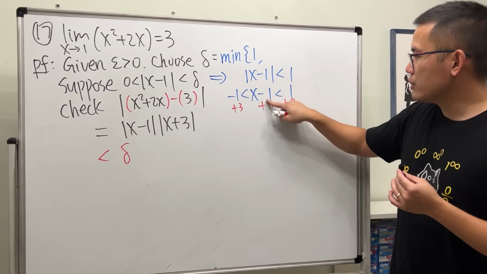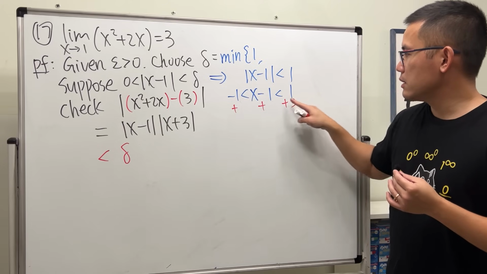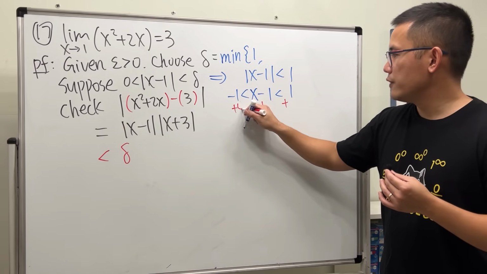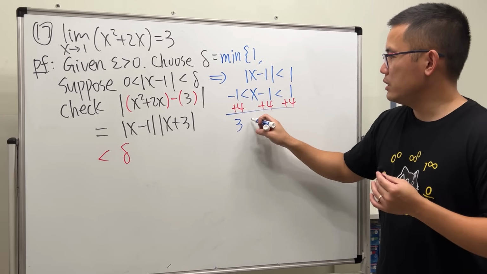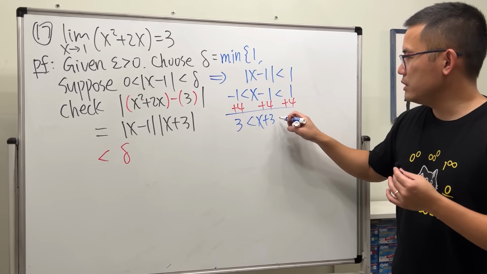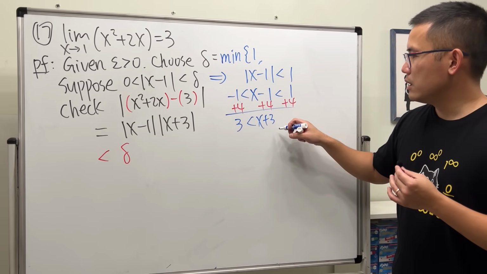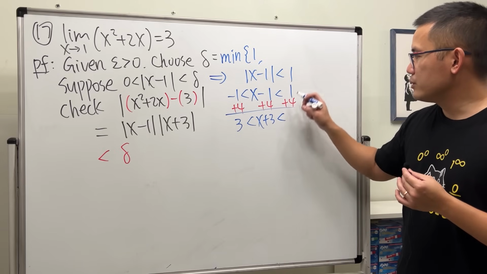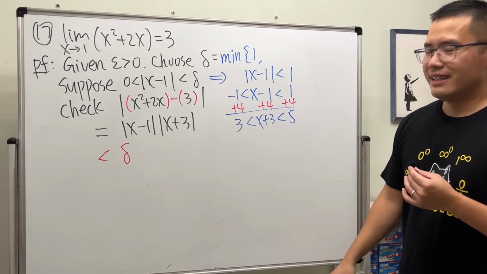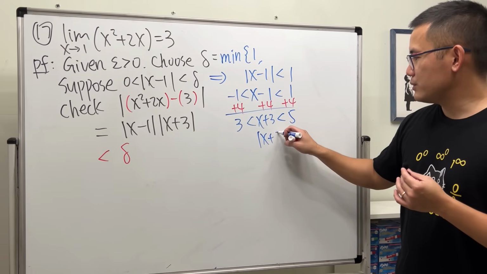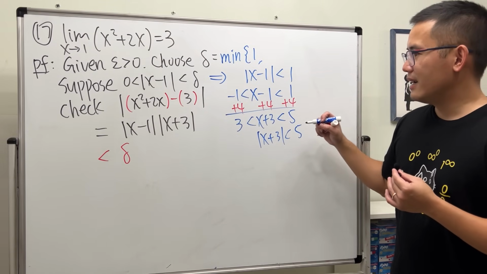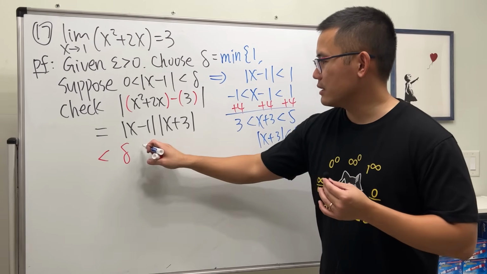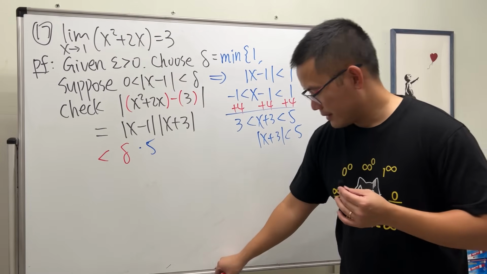No, add 4 to all that. 4, 4, 4. So this right here will be 3. This right here will be x plus 3. And this right here will be 5. Then absolute value of x plus 3 is less than 5. Okay, so we can just say 5.